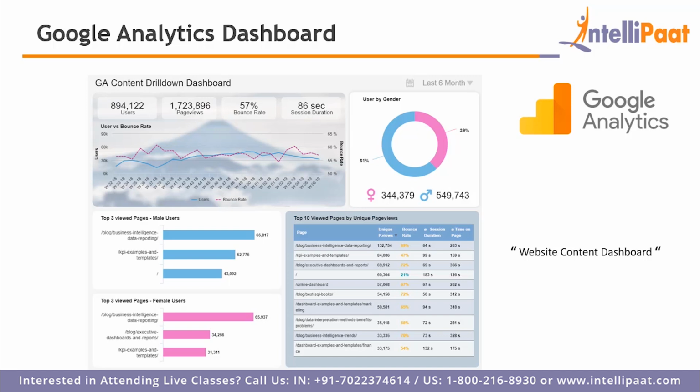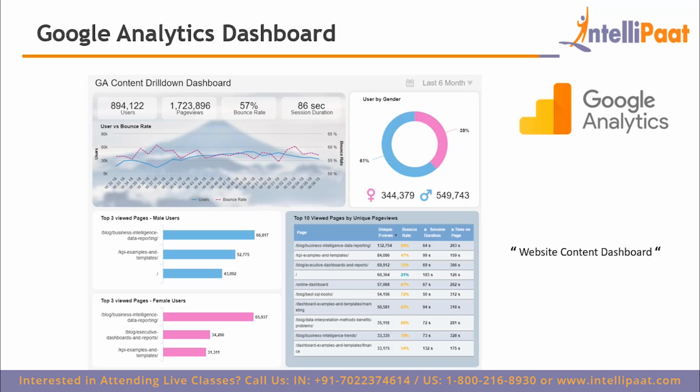What we basically call the Google Analytics dashboard, guys. This dashboard is a plethora of information where you can customize as per your requirement. This is a content drill down dashboard where you can analyze all the users who have come to your website, all the male users, all the female users, what is the top rated blog being viewed by the male users, by the female users.